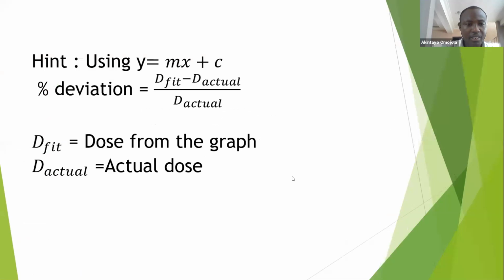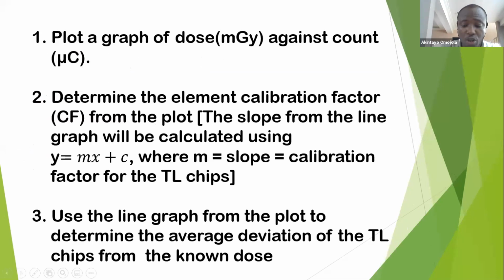Okay. So for the other side of the question, I also need us to use this particular equation, because from what you have gotten, an equation, y is equal to mx plus c. So you will go back to your calibration factor.